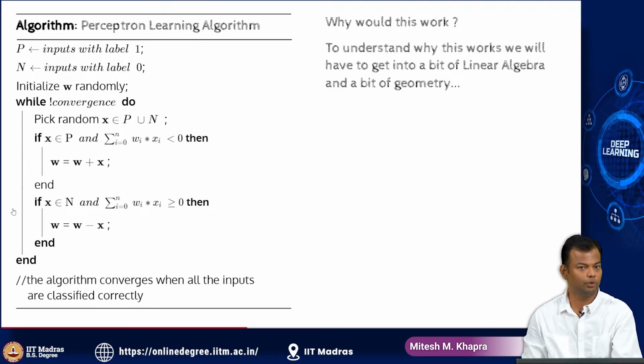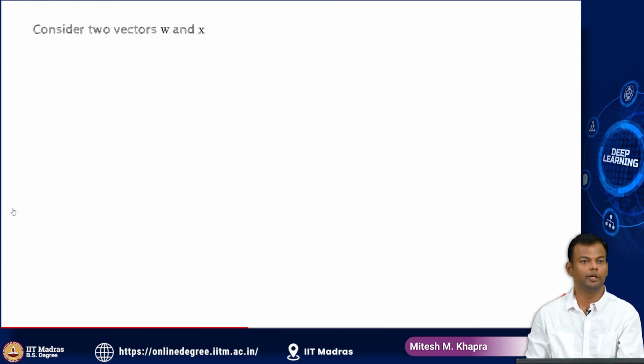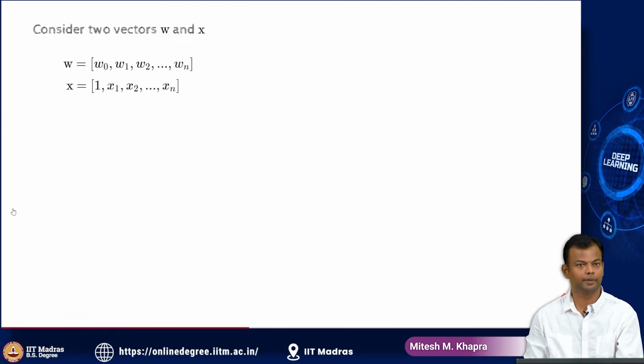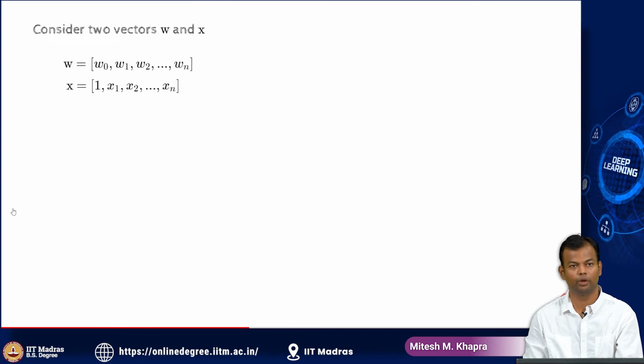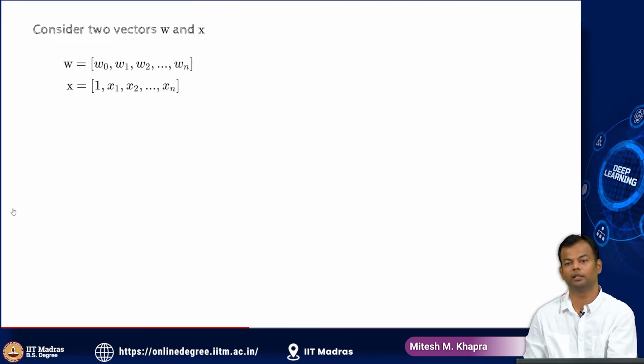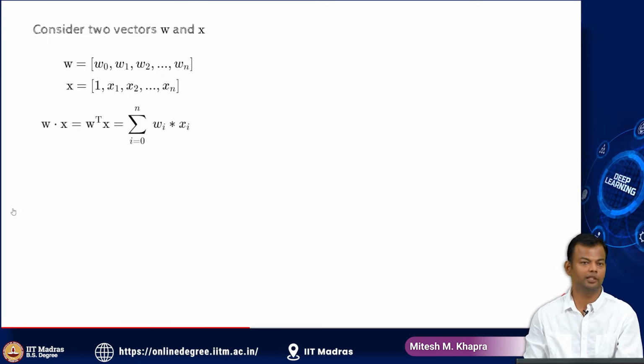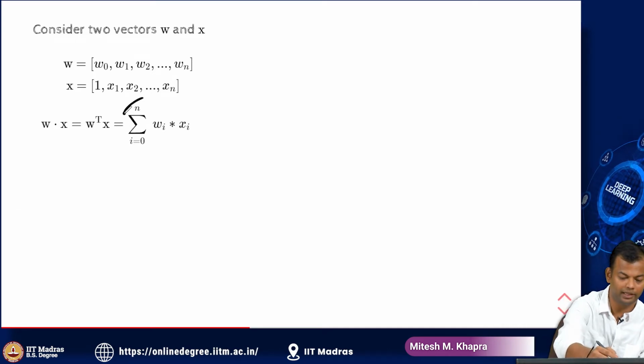To understand this, we'll have to look at a bit of linear algebra and a bit of geometry. So let's go there. We have two vectors w and x, and these are what those vectors look like: w0 up to wn, just as I had written on the previous slide, and x is 1, x1, x2, up to xn. Now if I consider the dot product between these two vectors, then this is exactly what I get.